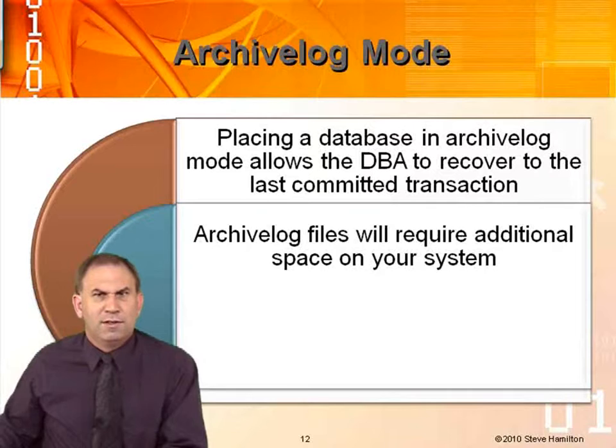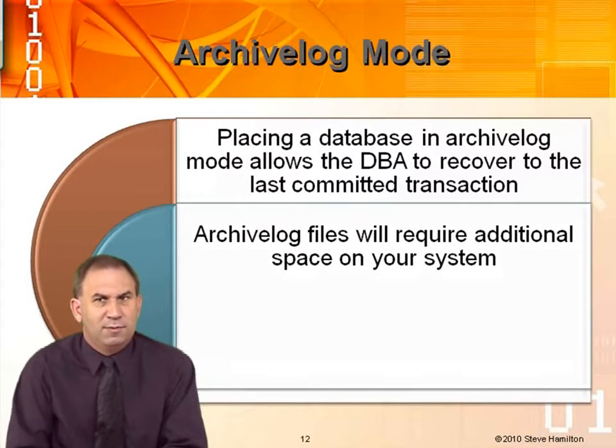By placing the database in archive log mode, it does allow the DBA to recover the database to the last committed transaction. The downfall of putting your database in archive log mode is it will require additional space on your system. An archive log file is the exact same size as an online redo log file.